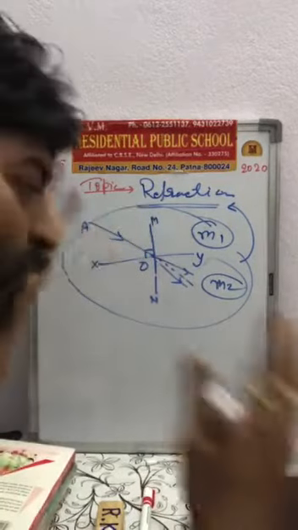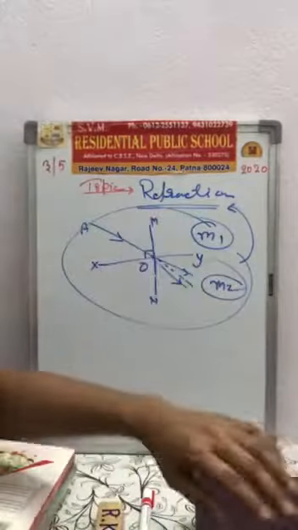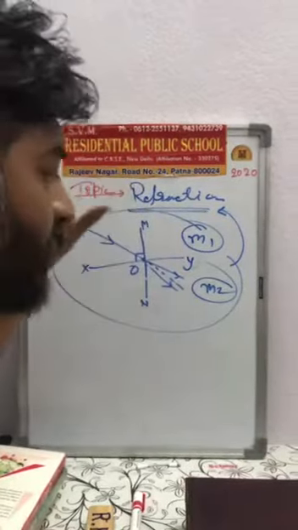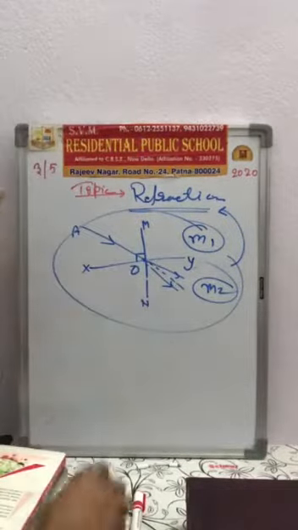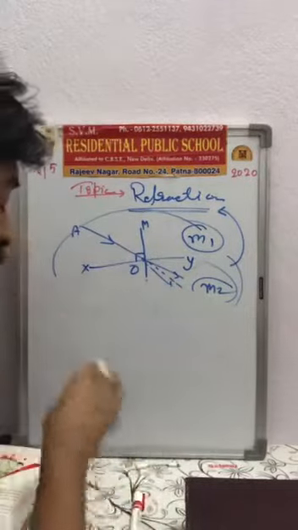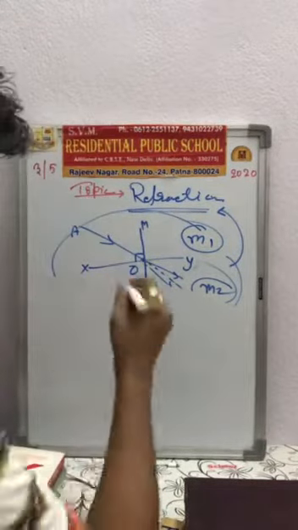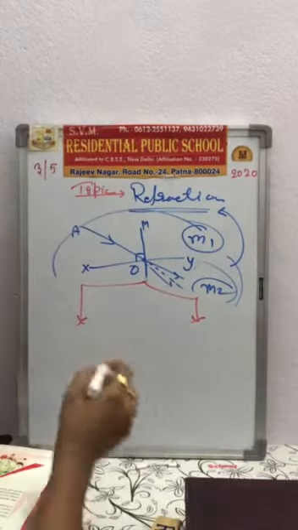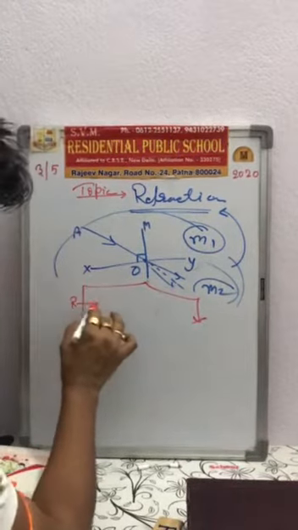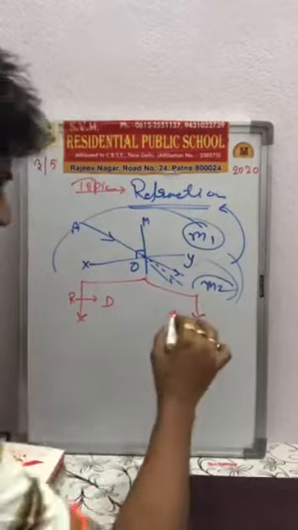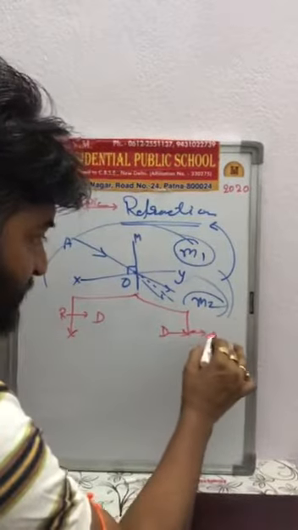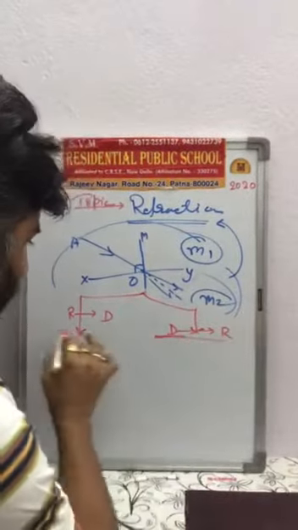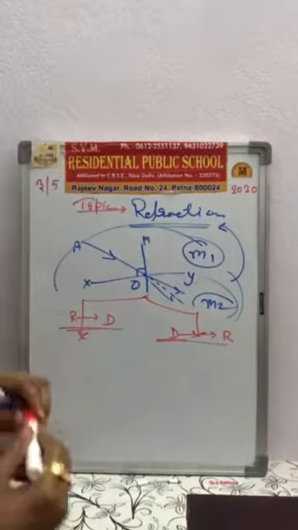Anywhere, when light passes from one medium to another, that condition is called refraction. But refraction also has two conditions: firstly, when light passes from rarer to denser, and second, when light passes from denser to rarer.